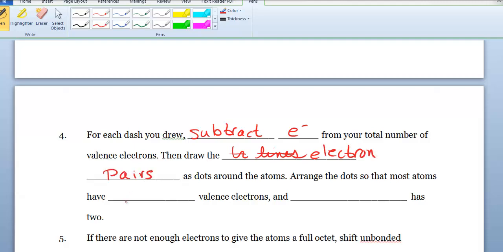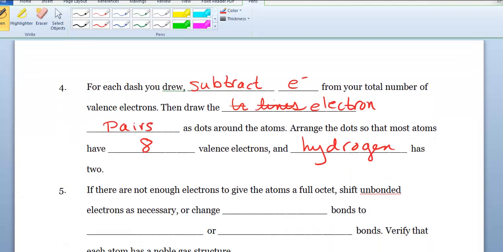So we want to arrange the dots so that most atoms have 8 valence electrons, except of course for our friend hydrogen, which will have only 2 electrons. If there are not enough electrons to give the atoms a full octet, meaning 8, we're going to need to shift some unbonded electrons as necessary, or change single bonds to double or triple bonds.